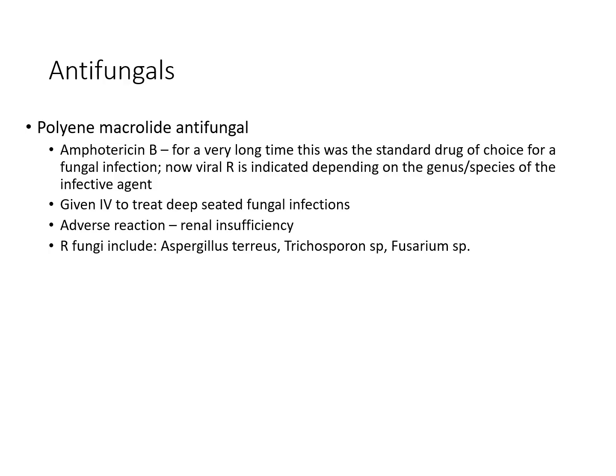It is typically administered intravenously to treat deep-seated and systemic fungal infections. A notable adverse reaction associated with this drug is renal insufficiency, which requires careful monitoring during therapy. Fungal species known to exhibit resistance to amphotericin B include Aspergillus terreus and the Fusarium species.